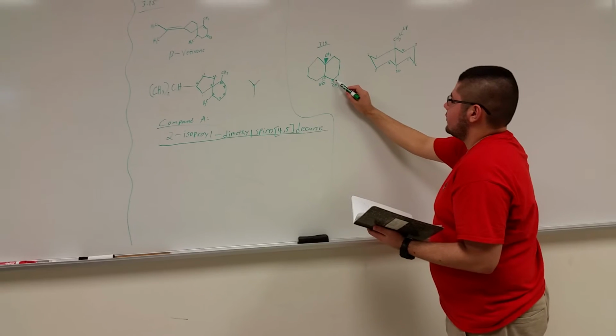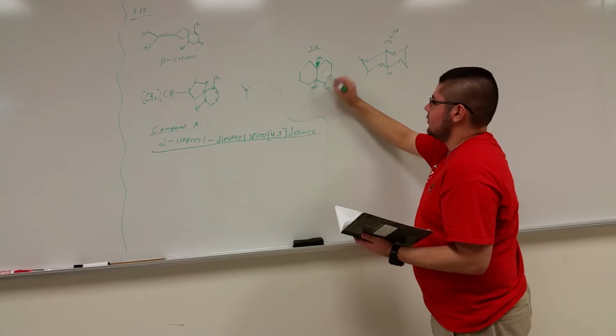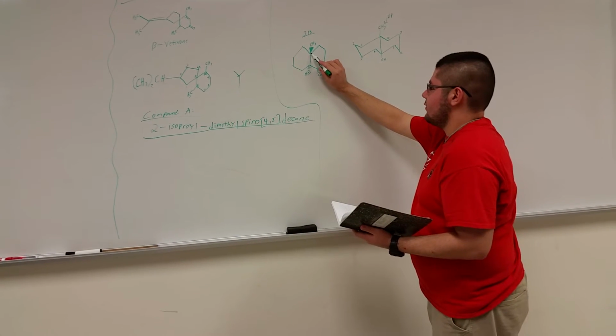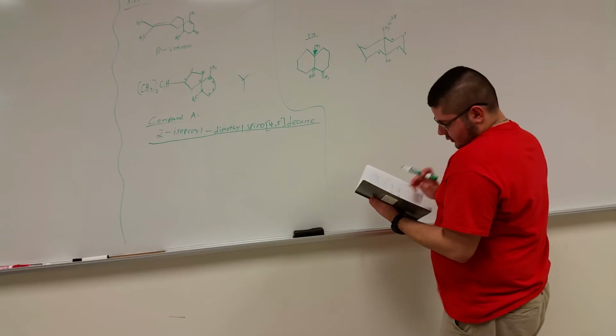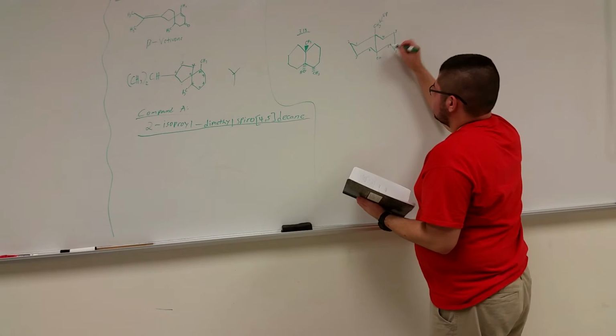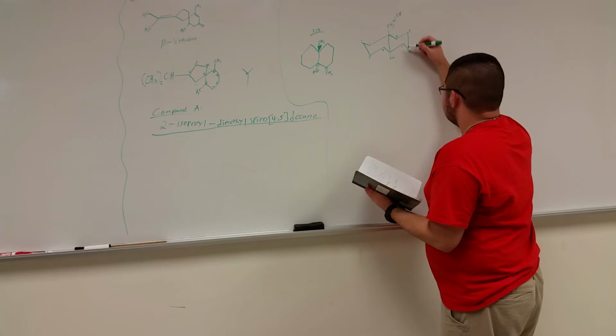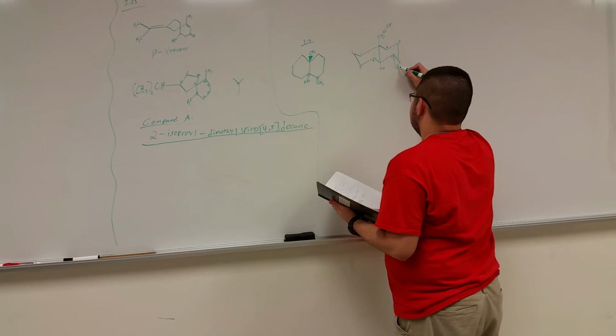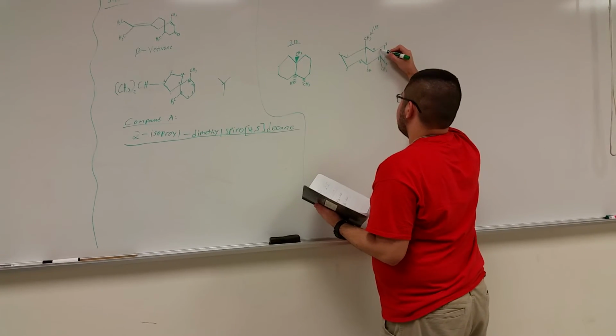From what we counted, there's 1, 2, 3, 4, 1, 2, 3, 4, since we don't count carbons here in the middle. For the first position over here, we have a methyl group right here and a hydrogen sticking up.